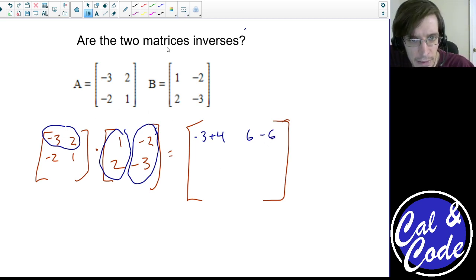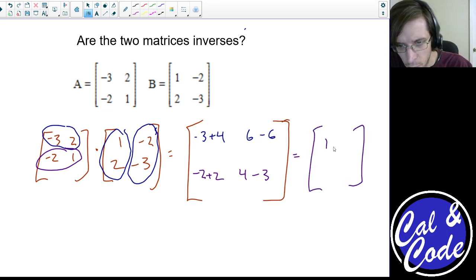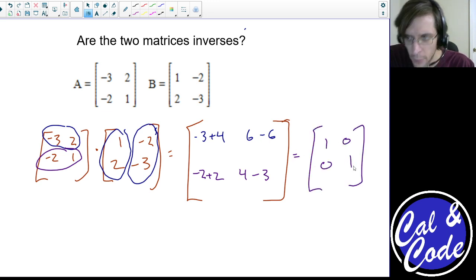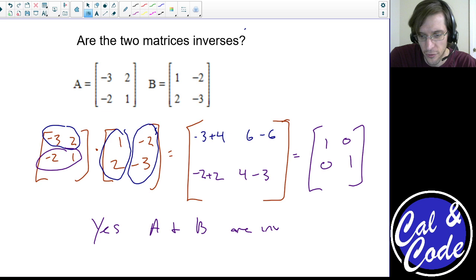Multiplying into the second row now, -2 times 1 is -2, 1 times 2 is +2, and -2 times -2 is +4, and 1 times -3 is -3. When I simplify this, I end up with 1, 0, 0, 1, which is in fact the identity. So yes, A and B are inverses.